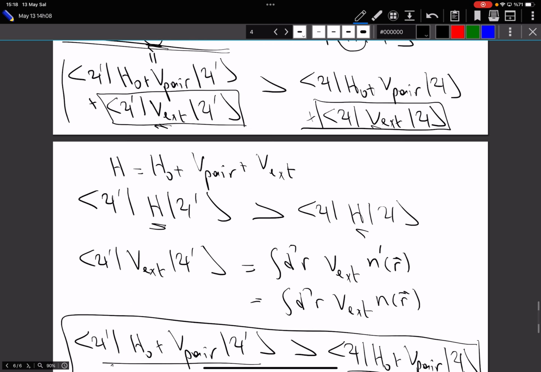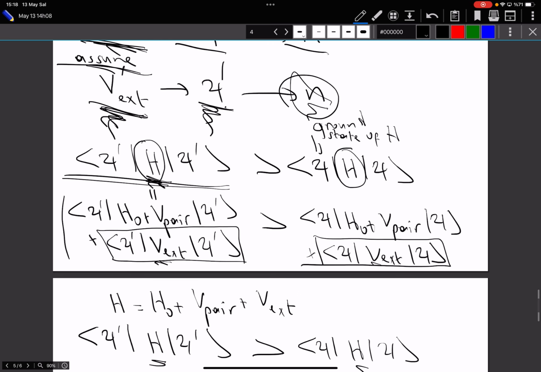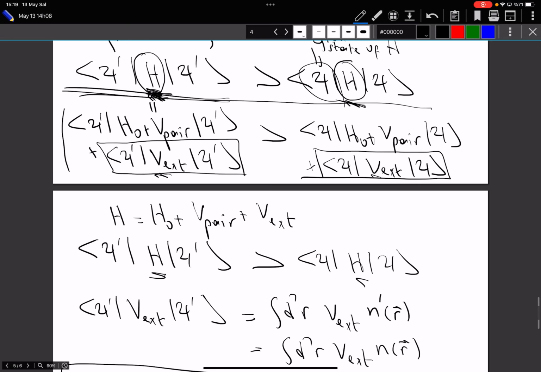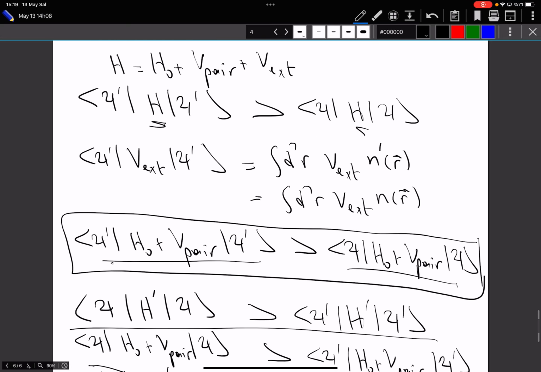Hamiltonian H has the ground state psi. So I looked at the expectation value of H in psi prime. It should be larger than the expectation value of H in the ground state. So this is my initial inequality, which led me to this inequality over here.